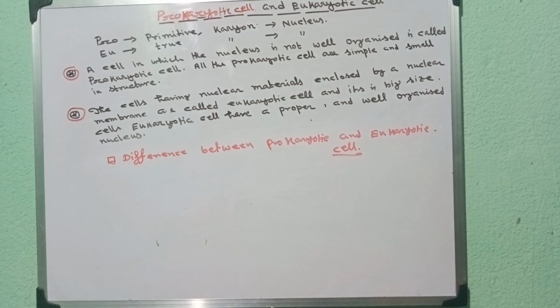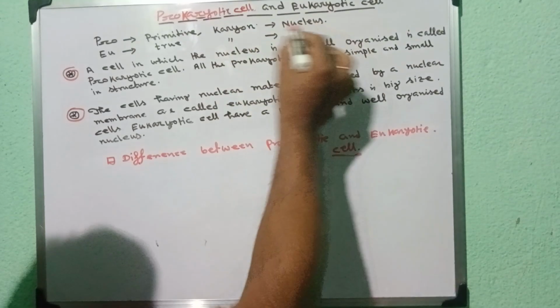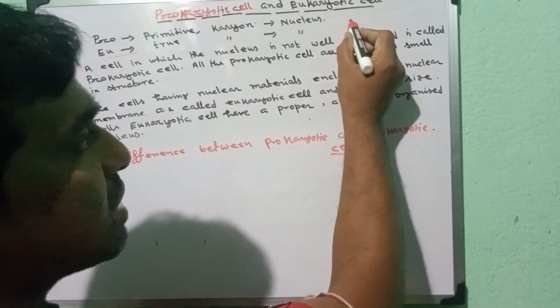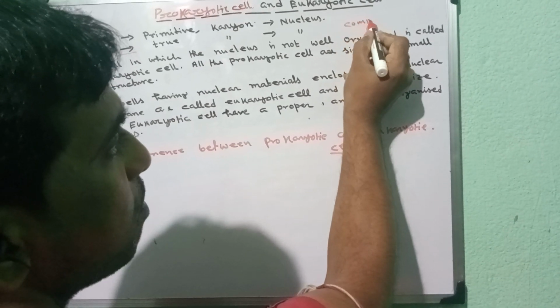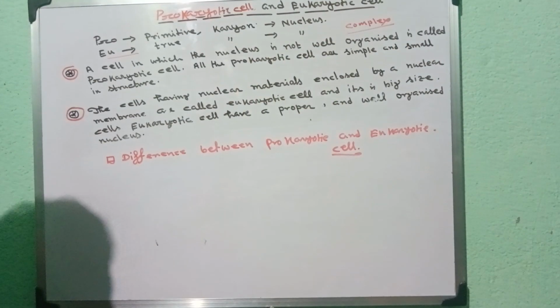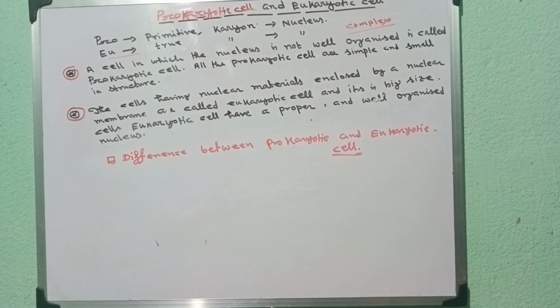The eukaryotic cell is very big in size and complex in structure, but the prokaryotic cell is very small and simple in structure.